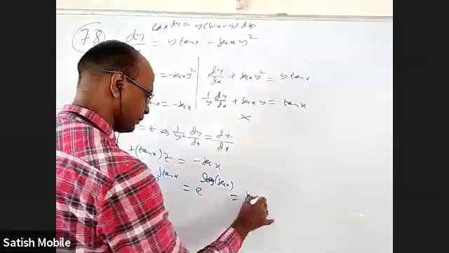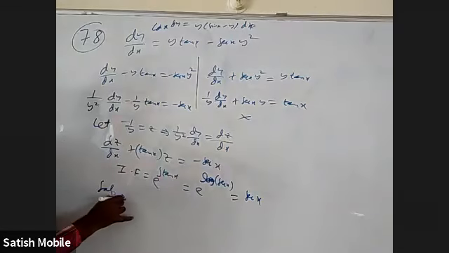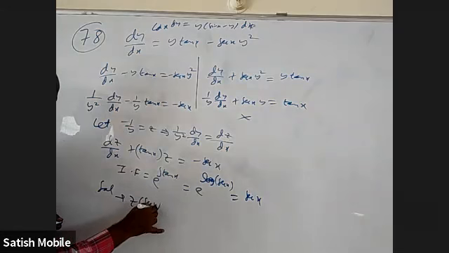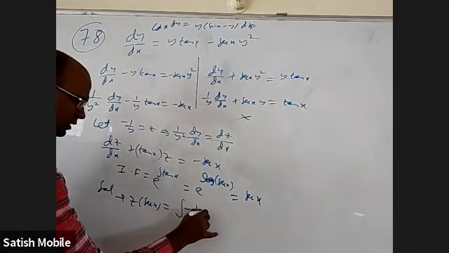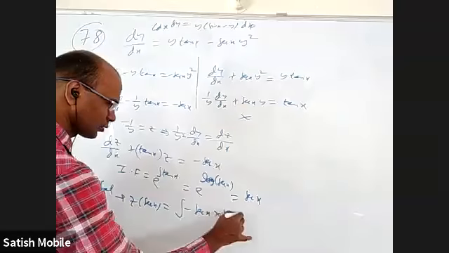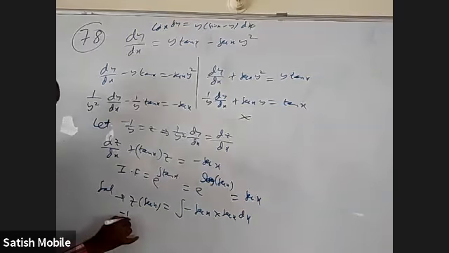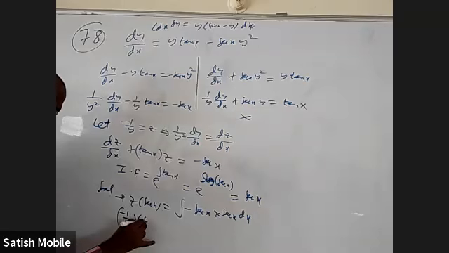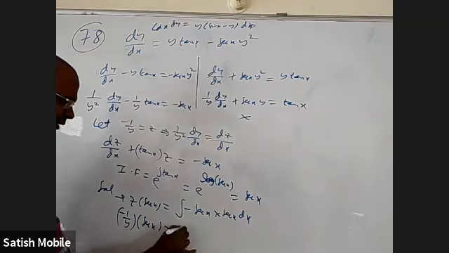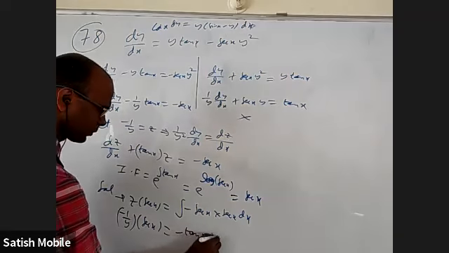That will be secant x. So now the solution will be z into secant x is integral of minus secant x into secant x. Z is minus 1 by y. So minus 1 by y into secant x is minus tan x plus c.